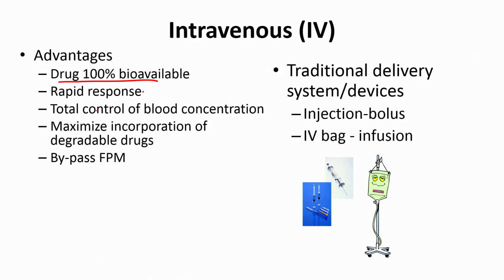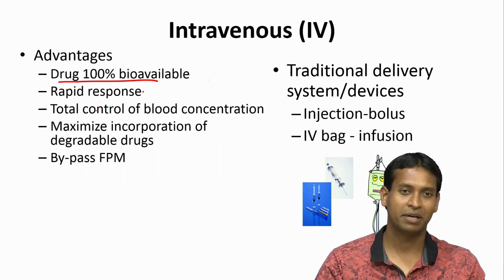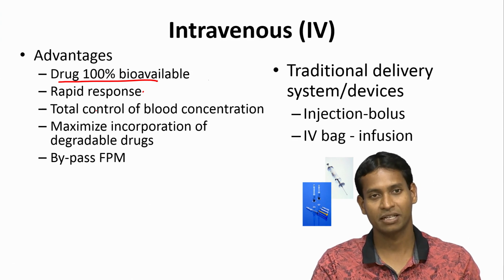You have total control on the concentration. And this is important because even though you might be injecting somewhere intramuscularly or subcutaneously and you think all of that is going to go to the blood, there is a whole kinetics: as things are building up in the blood, they are also getting excreted. So, you do not really know how much is the peak concentration you are going to get in the blood at a time, even though you might have done some experiments, but it will vary with the site you inject.